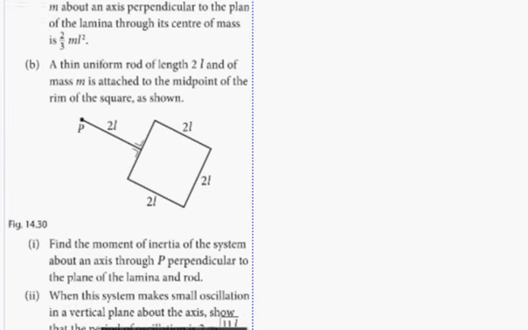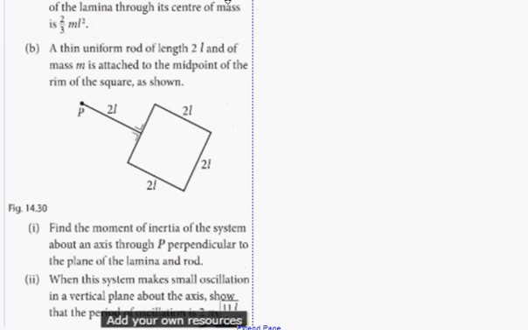So what it wants me to do here is find out the inertia of the system. If I write this out, the centre of gravity of the rod is going to be L and L. The centre of gravity of the lamina is going to be dead centre, because it's a square. Squares and rectangles will be dead centre of the width and the length.